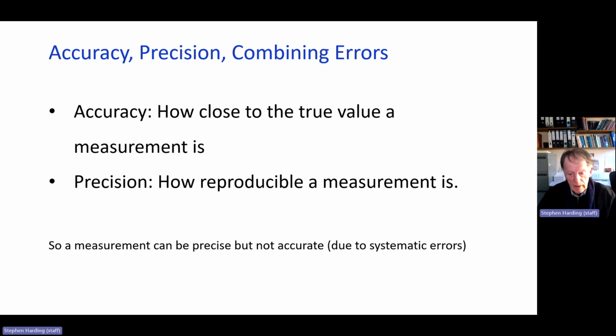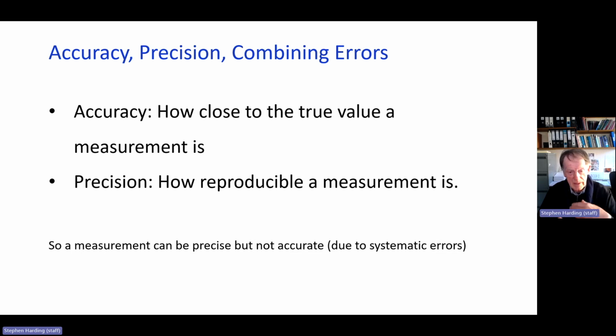But first of all, I thought it'd be important just to get straight that you understand the difference between accuracy and precision, because they're not the same thing. Just to give you an example, imagine you're taking a penalty kick in a football game, association football game, and you take the kick and you don't score a goal, but you hit the post. And then you take the kick again and you hit the post again in the same place.